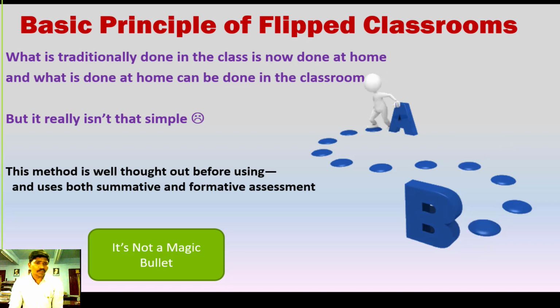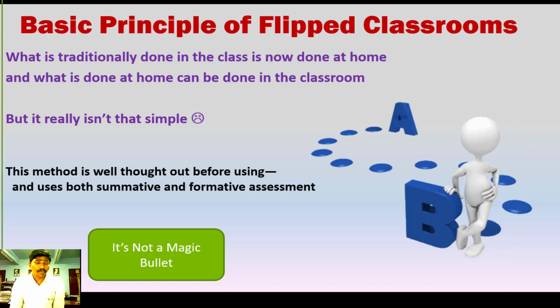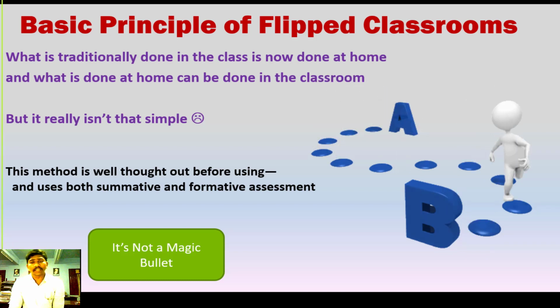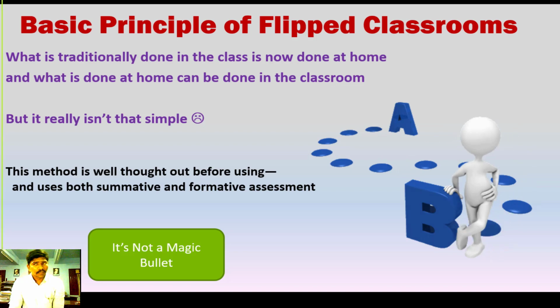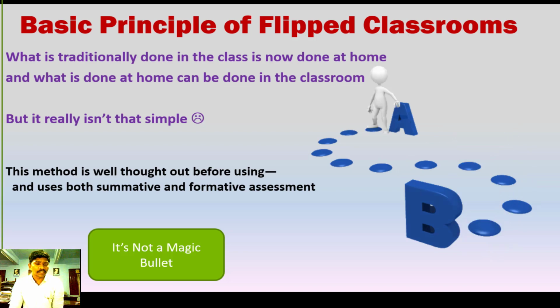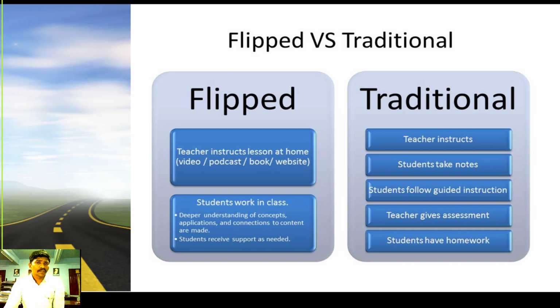It can be used for both summative and formative assessment. It's not just a magic bullet because the pace is very high. Teachers have to come up with new innovative ideas. But everything is now available in internet forums and educational forums. We can even help each other by exchanging our ideas. So these are the major differences between a flipped classroom and a traditional classroom.